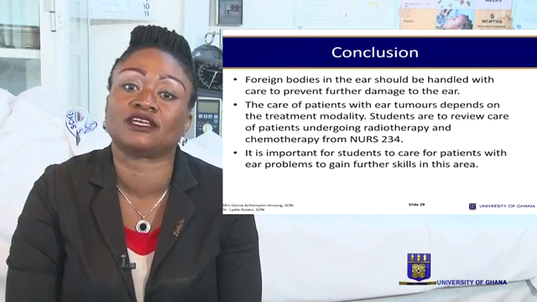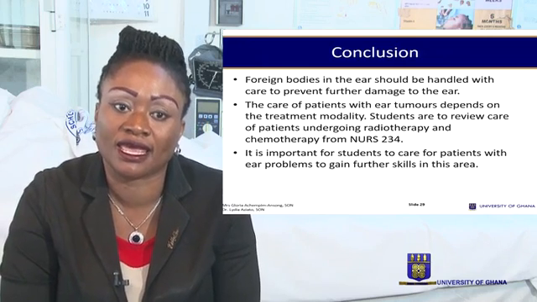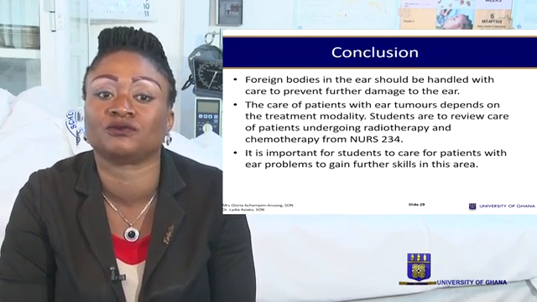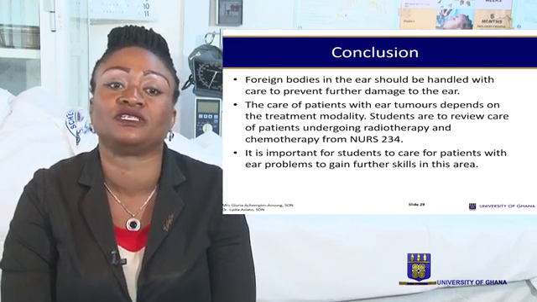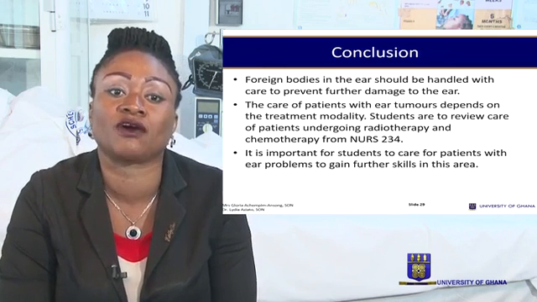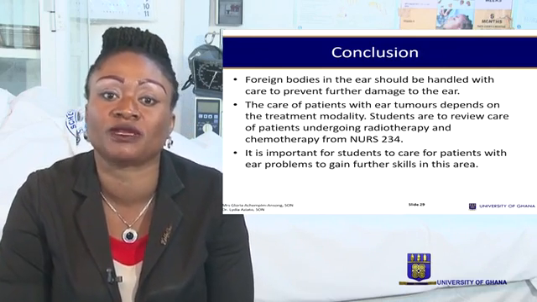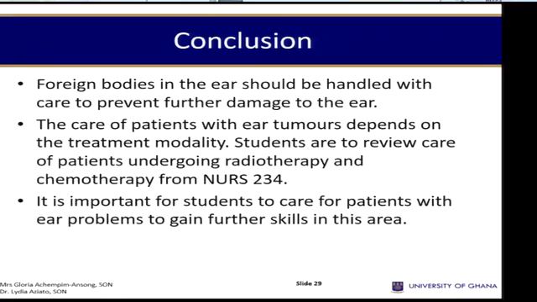Foreign bodies in the ear should be handled with care to prevent further damage to the ear. The care of patients with ear tumors depends on the treatment modality. Students are to review care of patients undergoing radiotherapy and chemotherapy from Nurs 234. And it is important for students to care for patients with ear problems to gain further skills in this area.